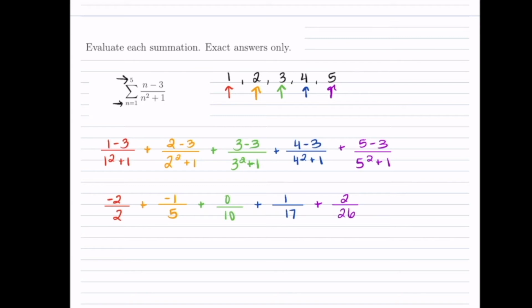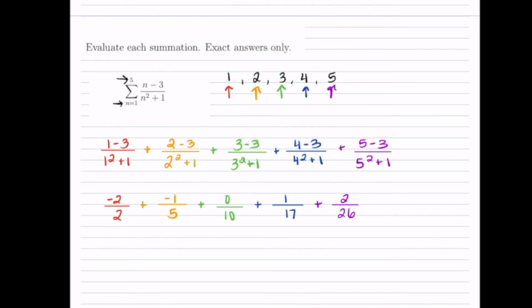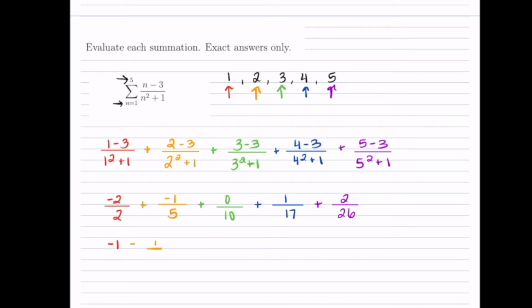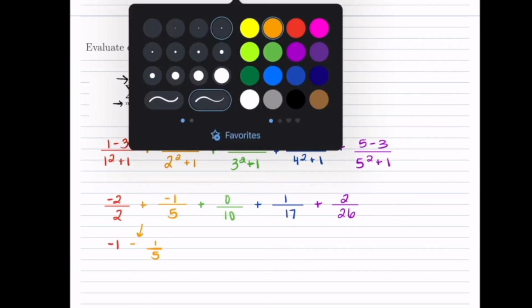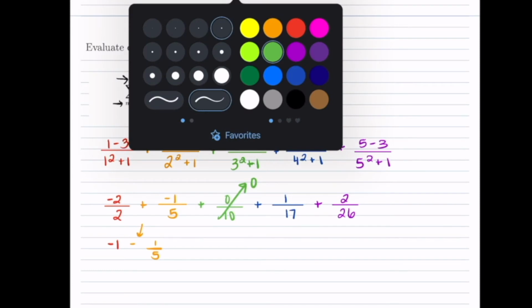Alright, so we can kind of simplify this a little bit more too. We know that negative 2 over 2 is negative 1. This is fully simplified. I changed this into subtraction because we're adding a negative. 0 over 10, 0 over any number is 0, so I'm not even going to write that one down.